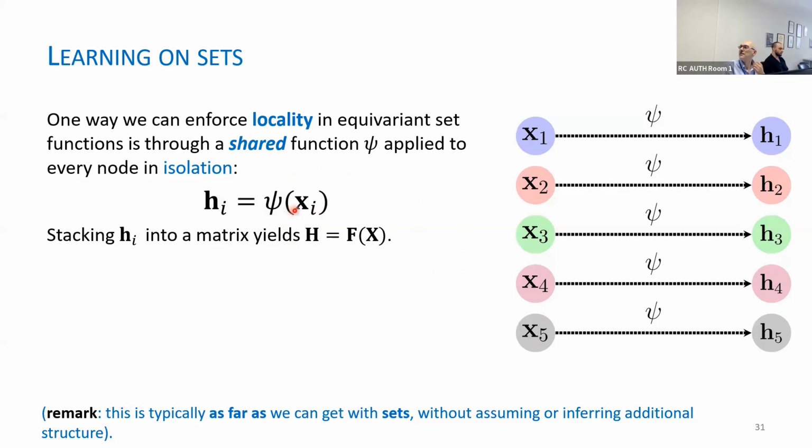Applying this local operator to the individual points, we have this equivariant behavior, and when we stack together the output into this matrix, this realizes the invariant operator at the global level.